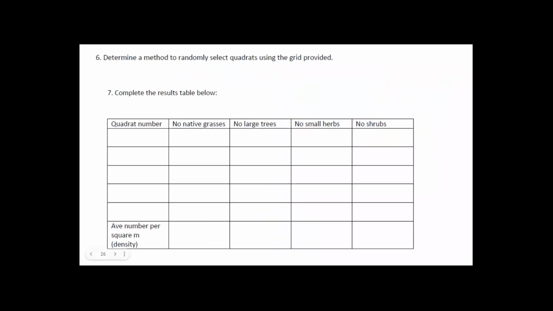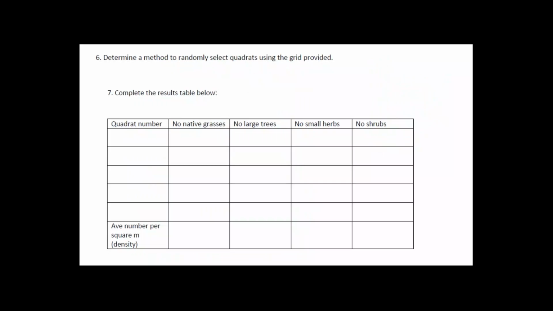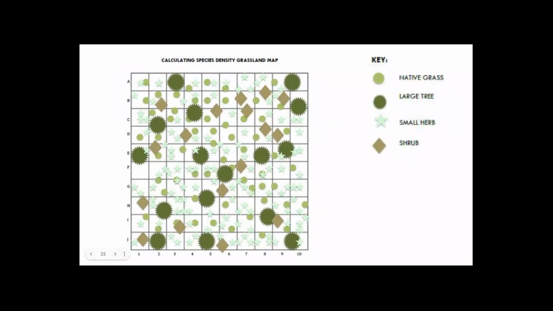And you're going to record the quadrat axes and identify the number of native grass, and so on, in each quadrat, and find the average number per square meter. And then you multiply by 100 to get the total in the area.